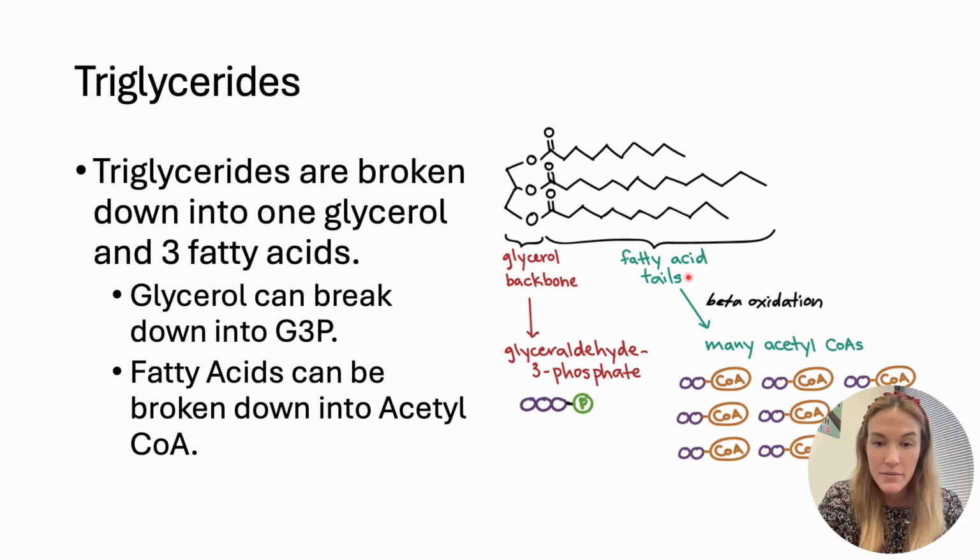So these are fats, right? So the glycerol can be directly converted into G3P. G3P is an intermediate of glycolysis, so it can enter part of glycolysis. The fatty acid can be directly broken down into acetyl-CoA molecules, and then the acetyl-CoA can enter the Krebs cycle.